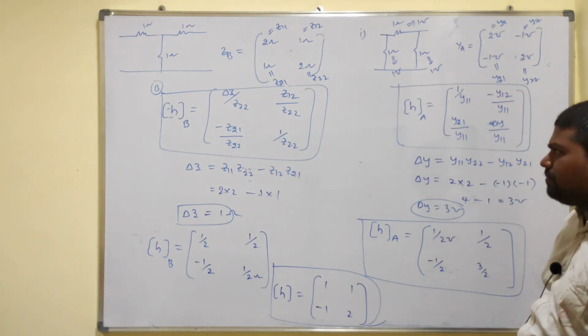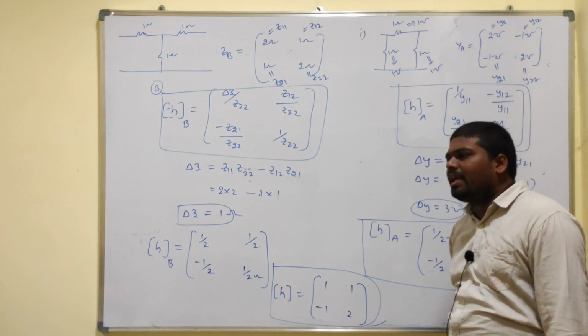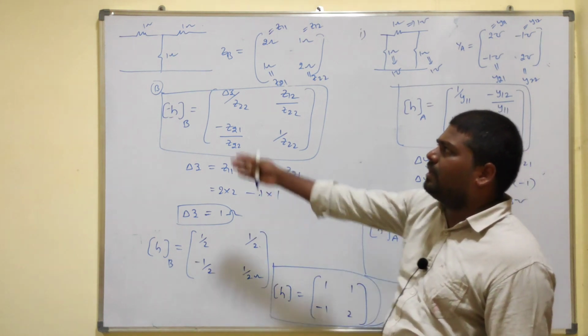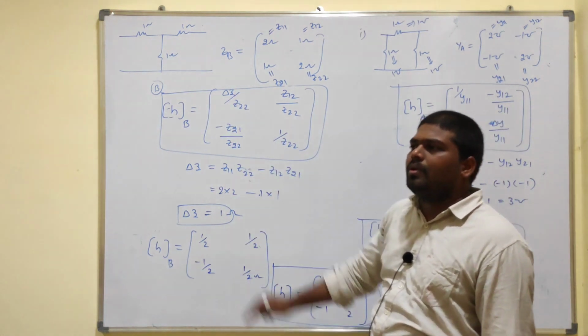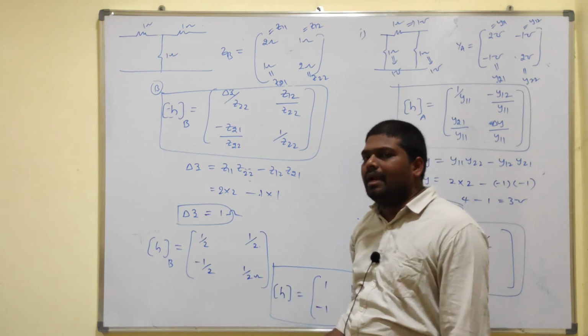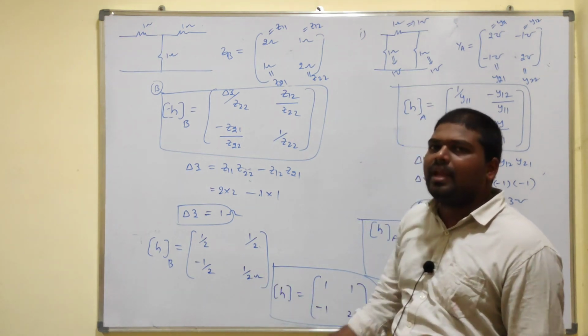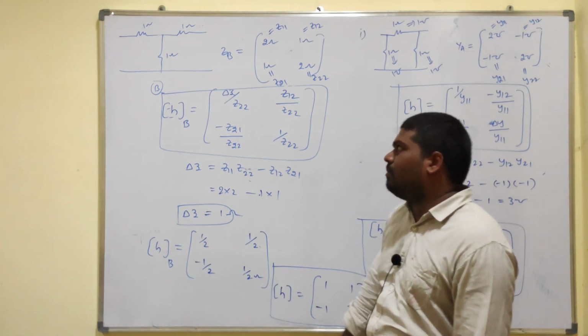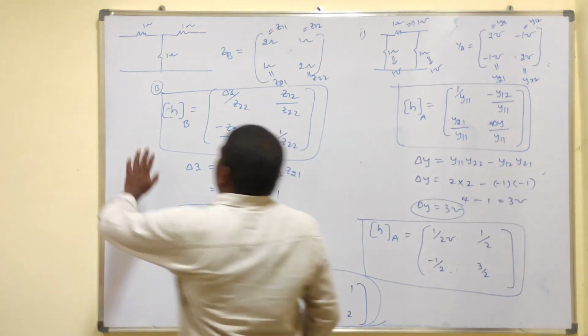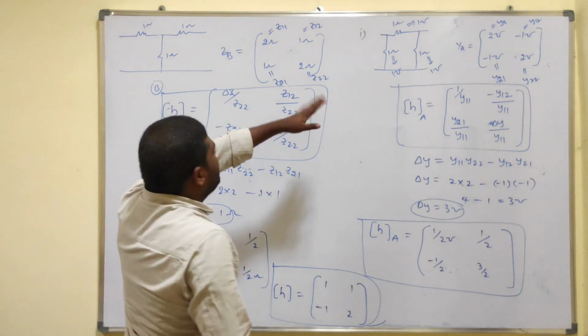Another way is to directly apply KVL and KCL expressions for the given network. From that network you can calculate the V1 equation and the I2 equation, and from that you can get the H parameters. For example, just consider the first network.